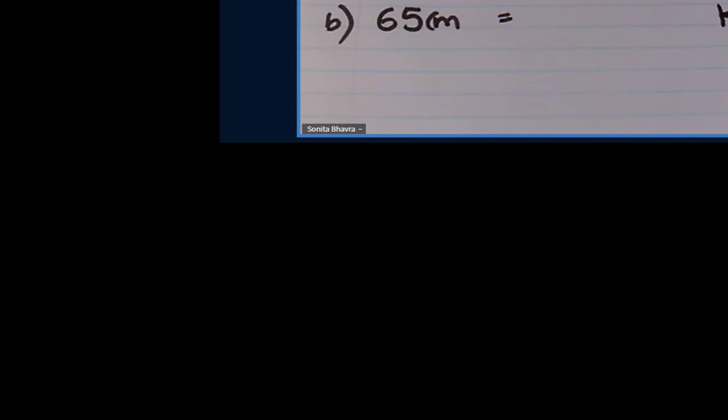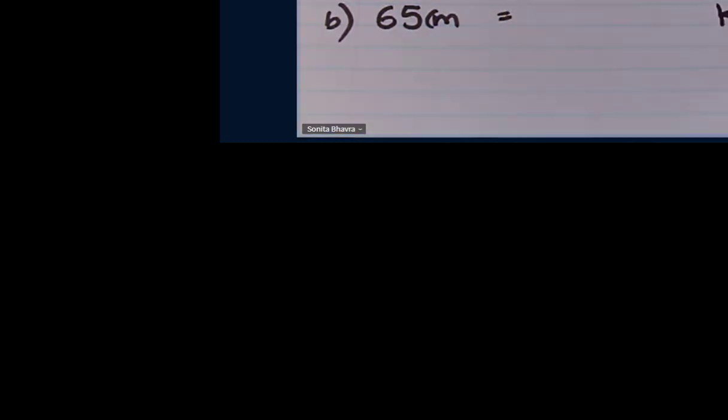Centimeters is right here, and kilometers is here, so we're moving 1, 2, 3, 4, 5 decimal places to the left.